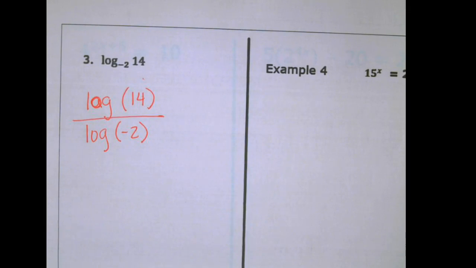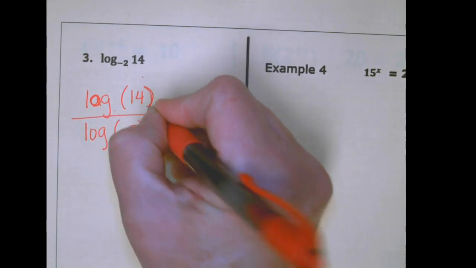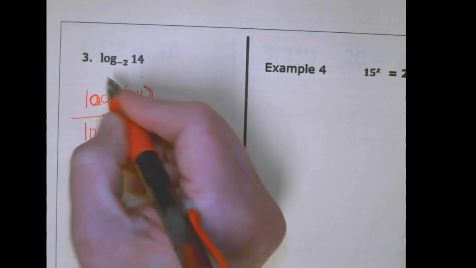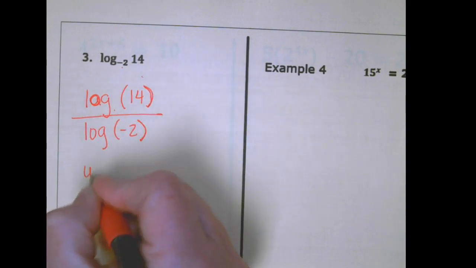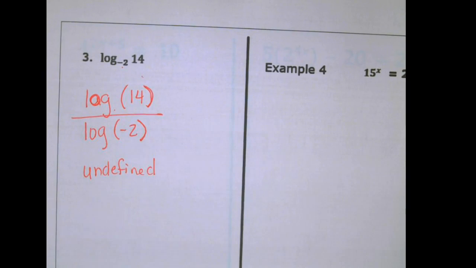I don't put in the 10 because if the base is not written, the base is 10. You must close the automatic parentheses. When you put that in the calculator, you get an error message because this is a negative base and that is undefined. That error message means undefined.